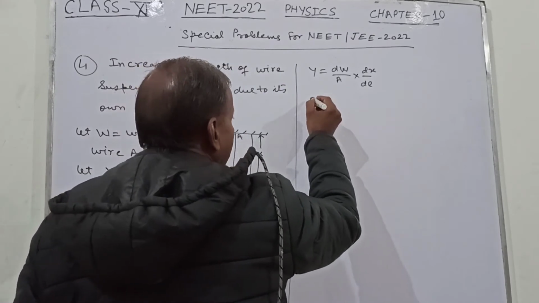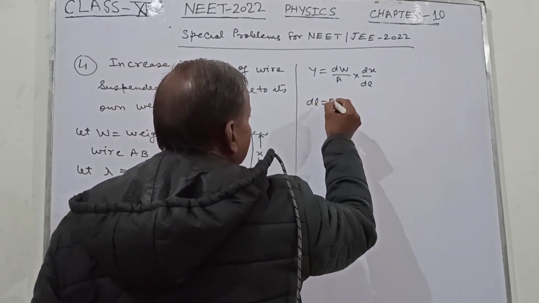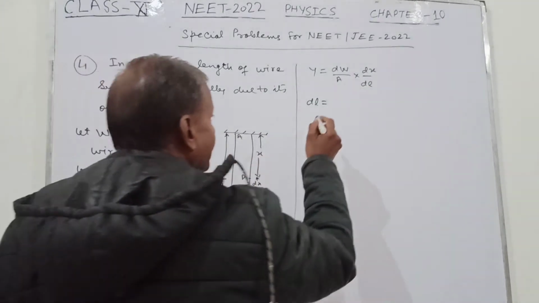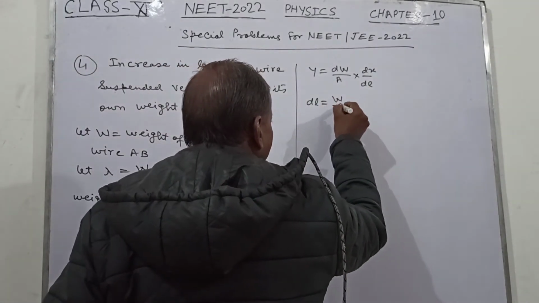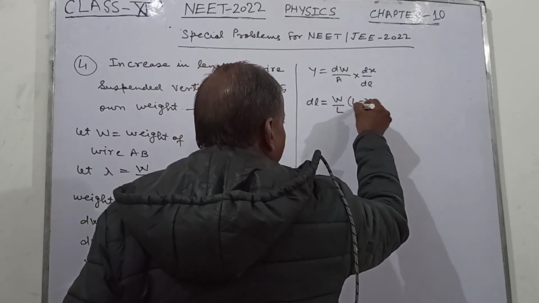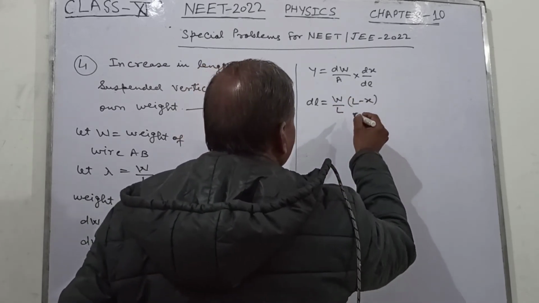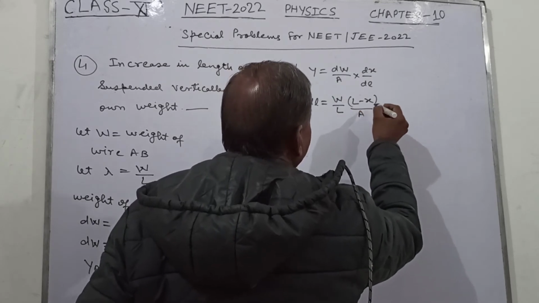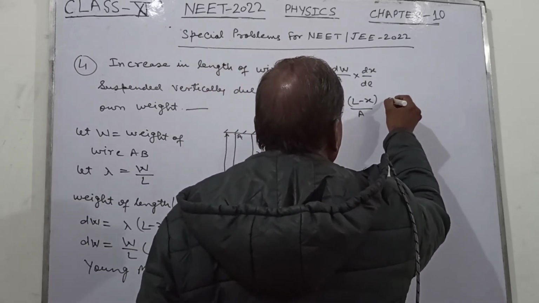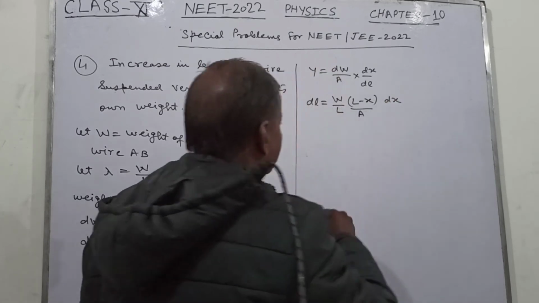So how much is dl? This is now dW that you will put here. This is now W upon L into L minus x, and this is now A, and this is now your dx.